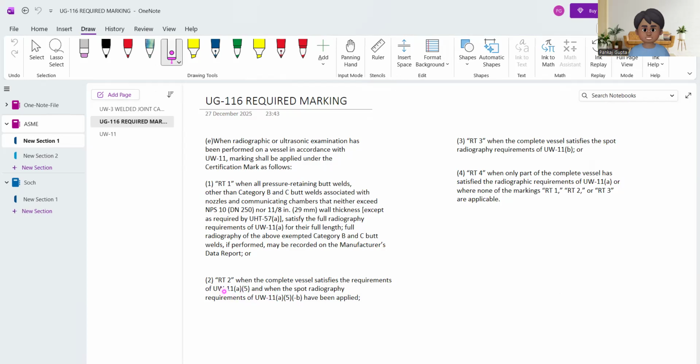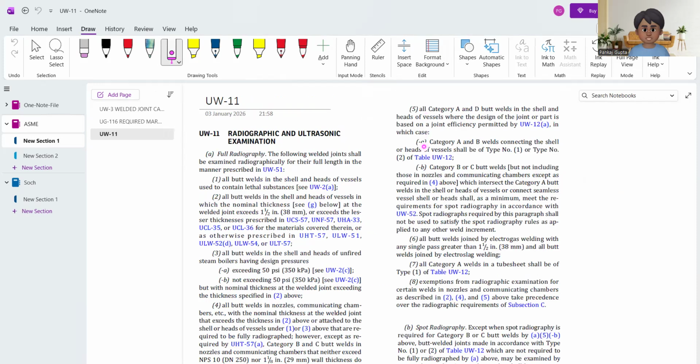If we go with UW 11(a)(5), this 5 shows that category A joints and D butt welds in the shell and head of the vessel are where the design of the joint is based on efficiency.